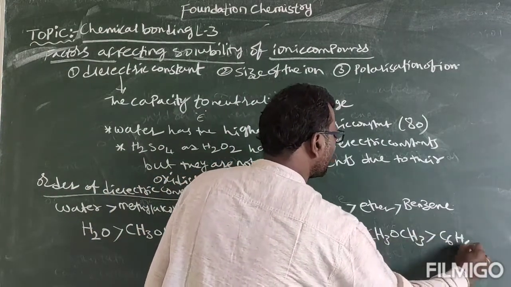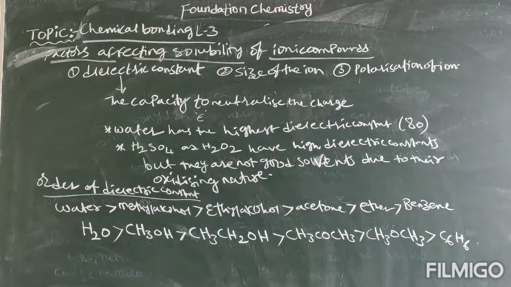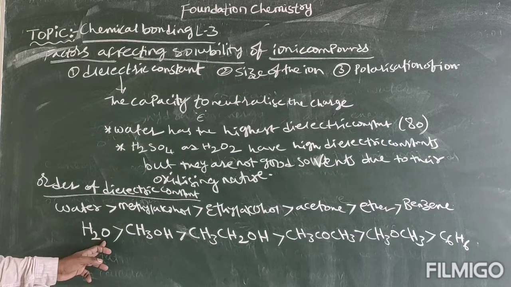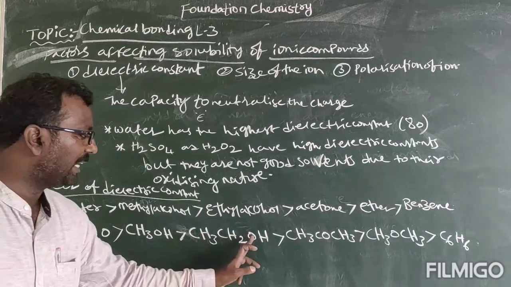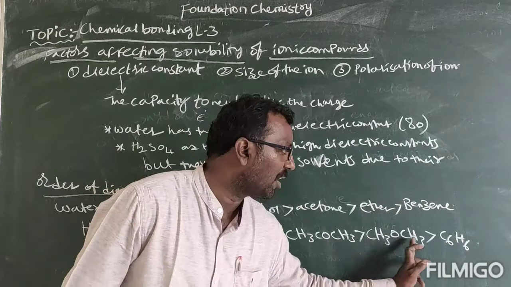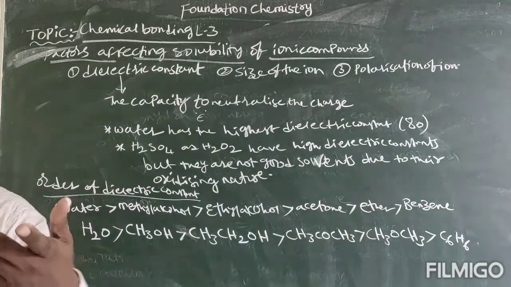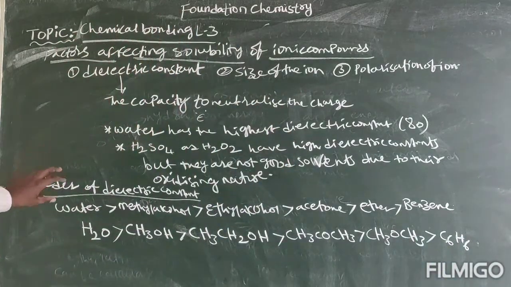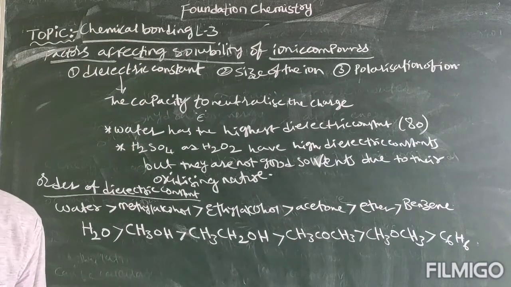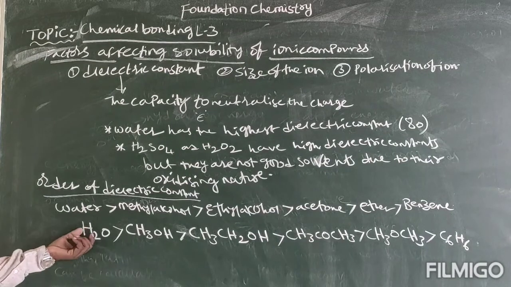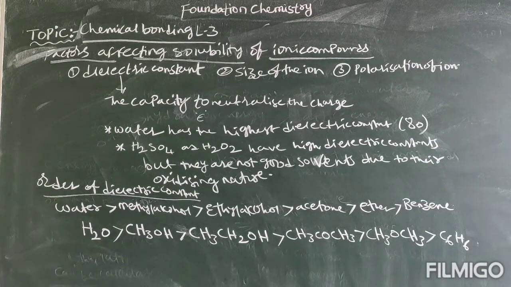Benzene is C6H6. If you look very clearly, here the oxygen is 1, here also 1, here also 1, here also 1. So what does it mean? Oxygen is not going to decide the dielectric constant. Hydrogen decides it. If only hydrogen is there, that is the highest.